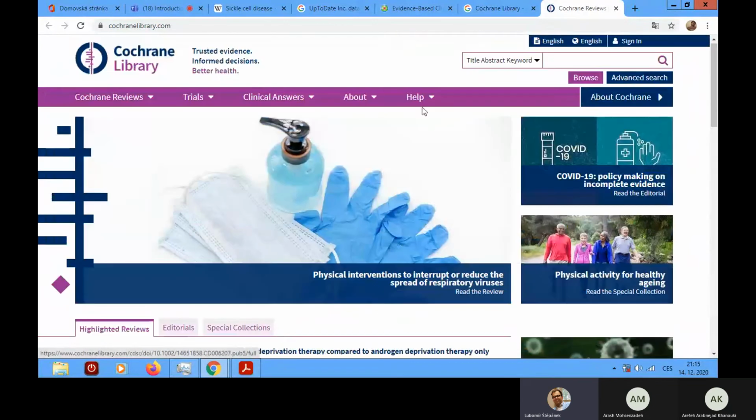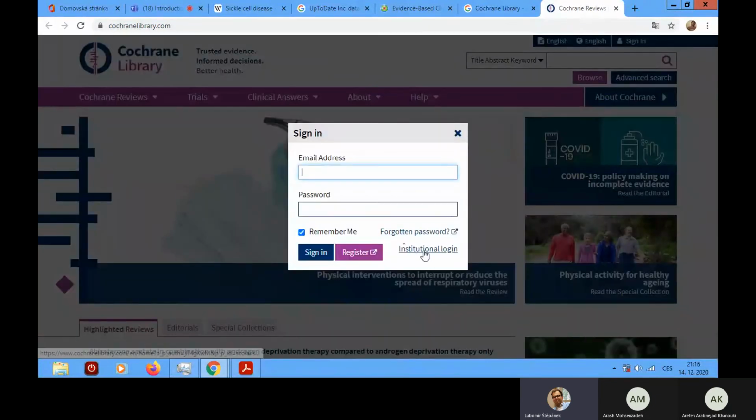Okay, so institutional login is definitely important for us.